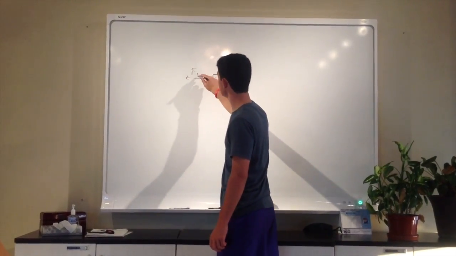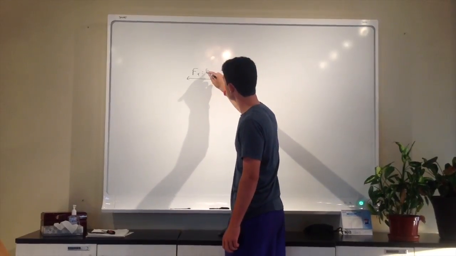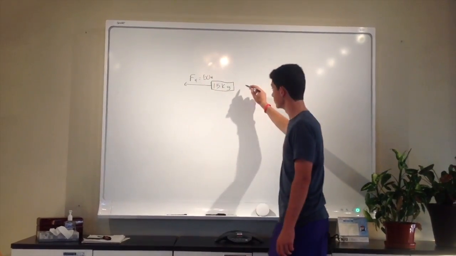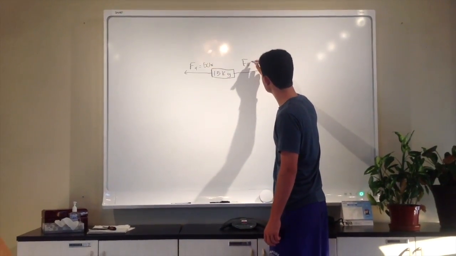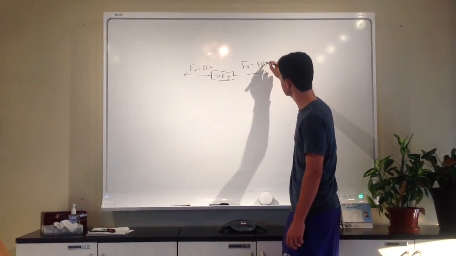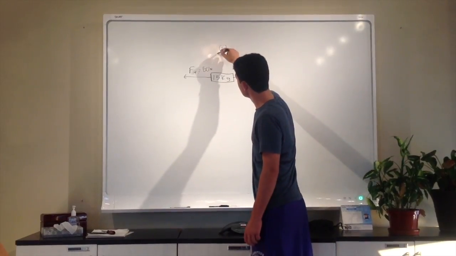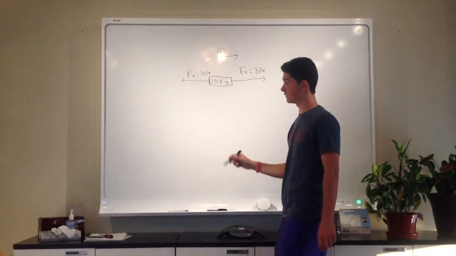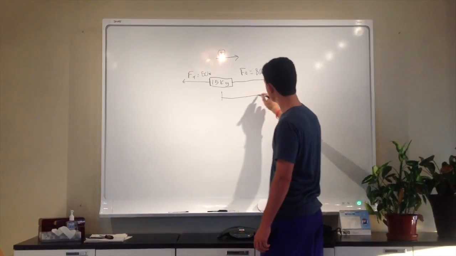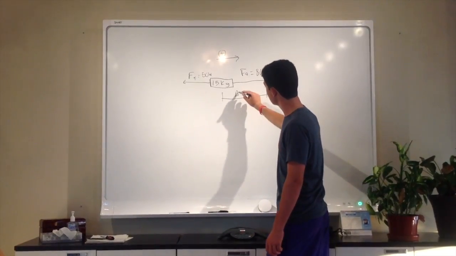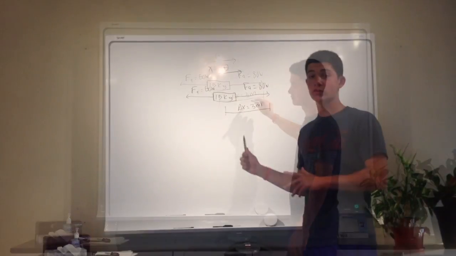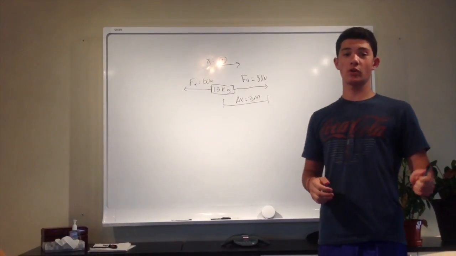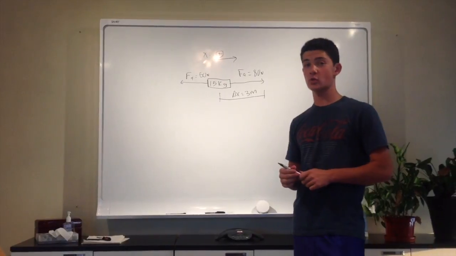The force of friction is 50 newtons, and the force applied is 80 newtons. Let's make this direction positive. And the displacement is 3 meters. For this question, we will be using the work is equal to change in energy equation.